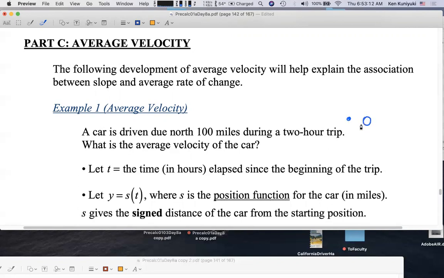You're at position 0, at time t equals 0. Let's say noon. Now here's your task. You must travel 100 miles due north in exactly 2 hours. So exactly 100 miles in exactly 2 hours.